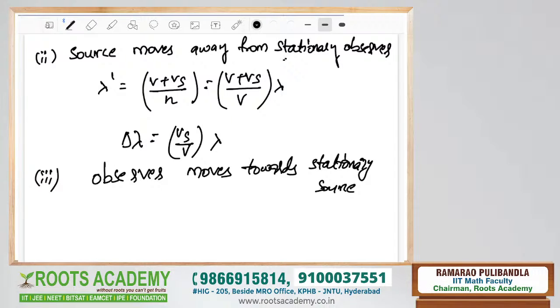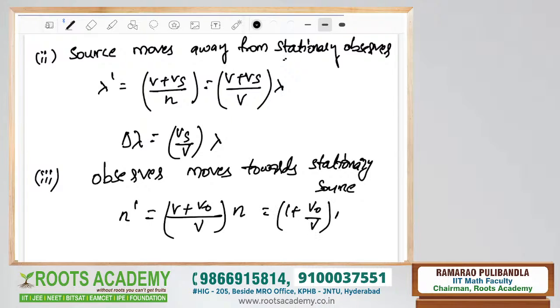In that case, the frequency is considered as (v + v0) / v × n, that is nothing but (1 + v0 / v) × n. So this is the case when the observer is in motion and the source is at a rest position.